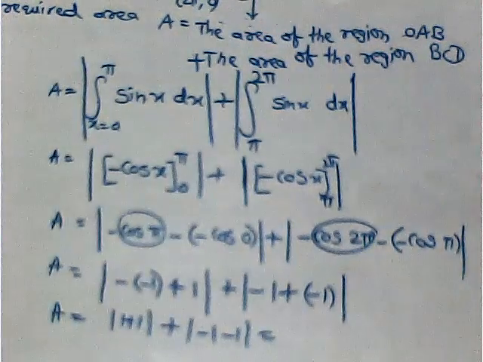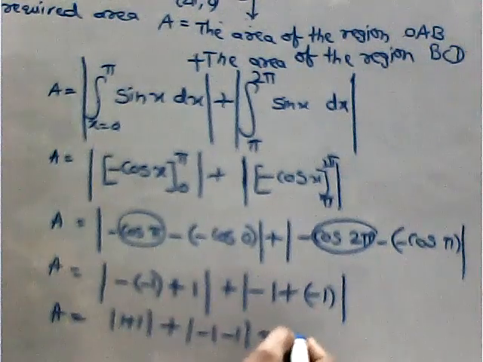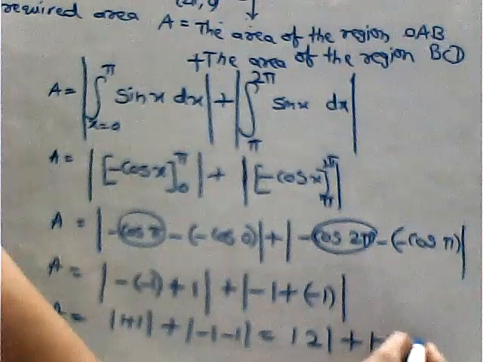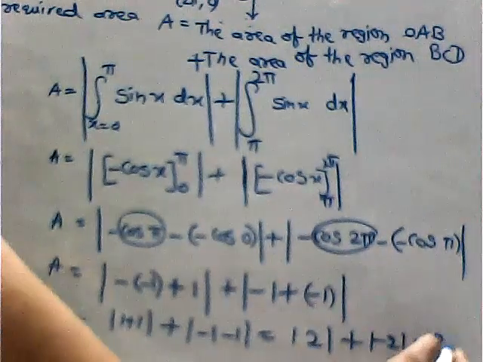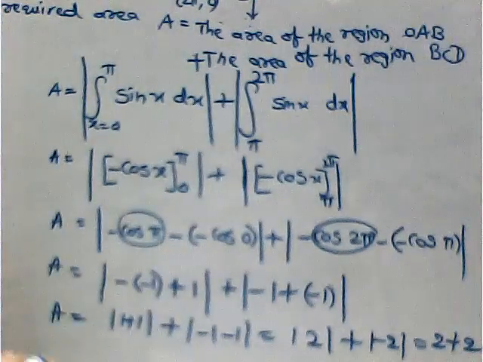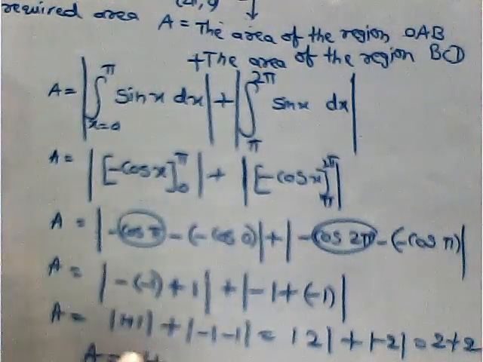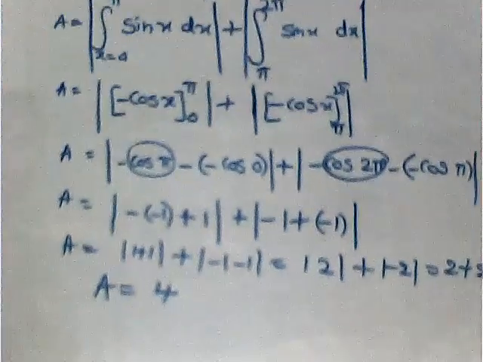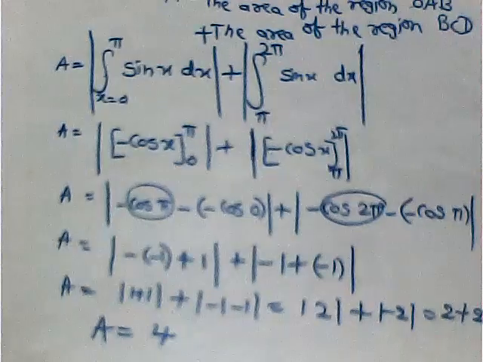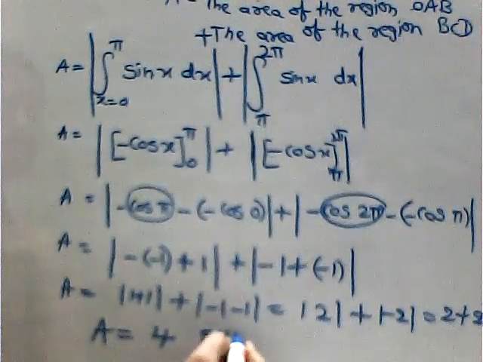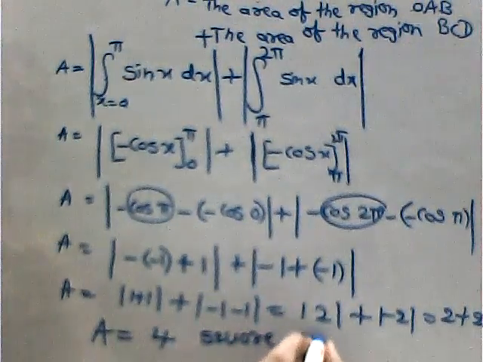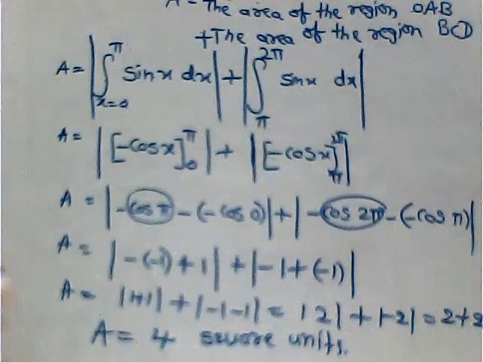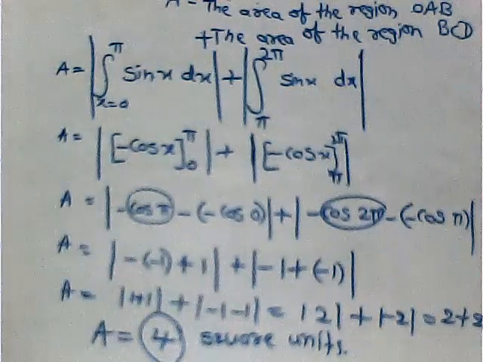So here 1 plus 1 is 2. Modulus 2 plus modulus minus 2, that is 2 plus 2. A is equal to 4 square units. 4 is our required answer.